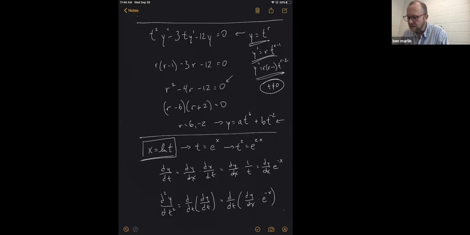And that lets us make this change, that just when you reverse things there. And so if I need to talk about t squared or t to the minus 1, I'll just put a coefficient in front of the x on the e to the x, okay? So here's the hard part.